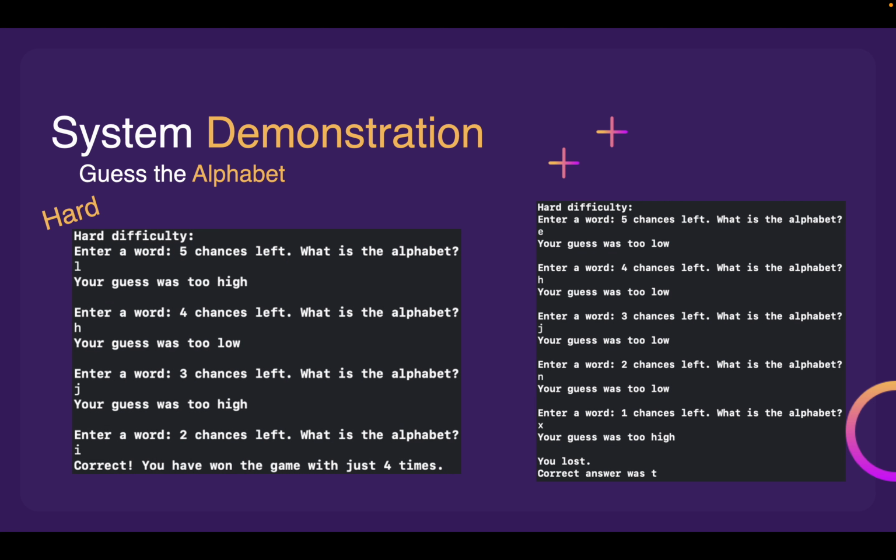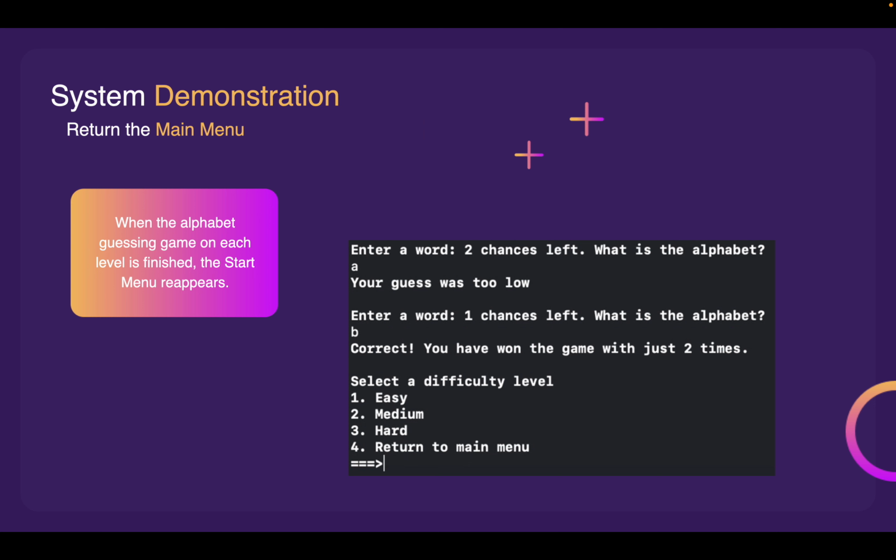And the game continues until you win the game or until all your trial rights are used. If you win, you will receive feedback showing how many tries it took you. Or if you lose, you will receive feedback at the end of the game about the letter you needed to find. Then the start menu comes back to the screen.